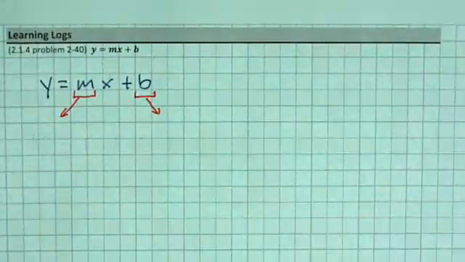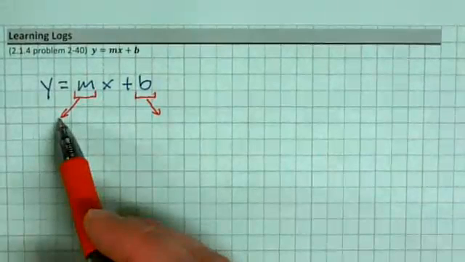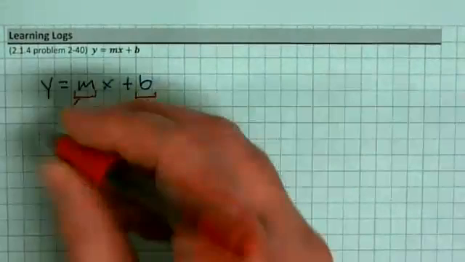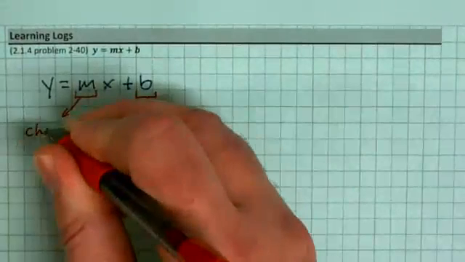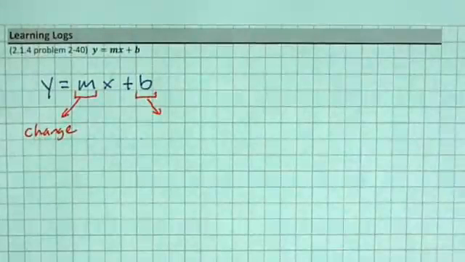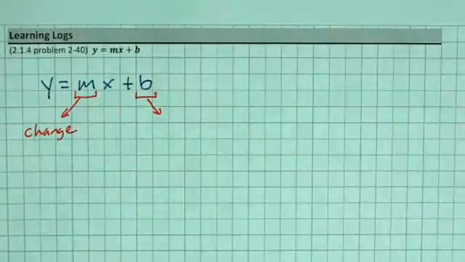And that's one of the great things I love about math, that there are lots of different ways to view it and understand it. If you can make connections between those different ways, that just helps you learn it even better. But right now, what we know is that m comes from, was that the change or the start? m comes from the change, and b comes from the start.